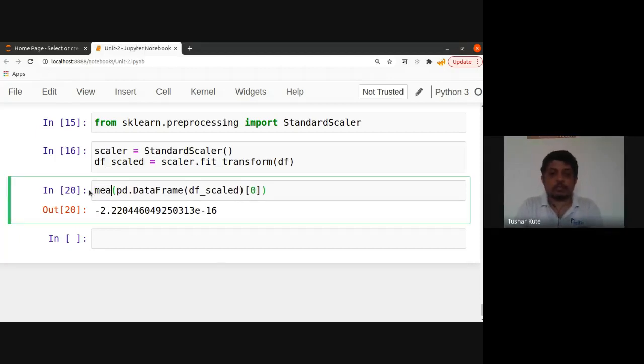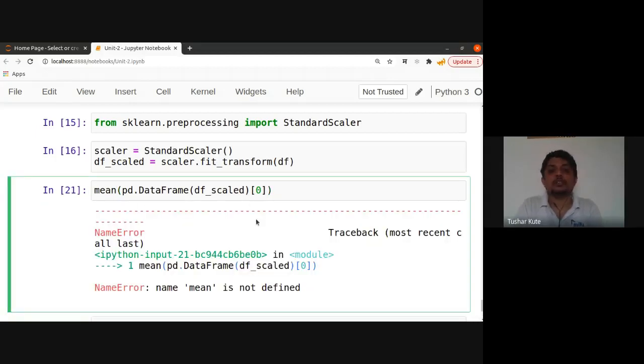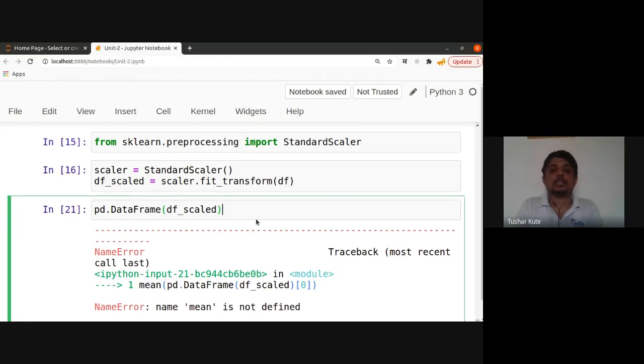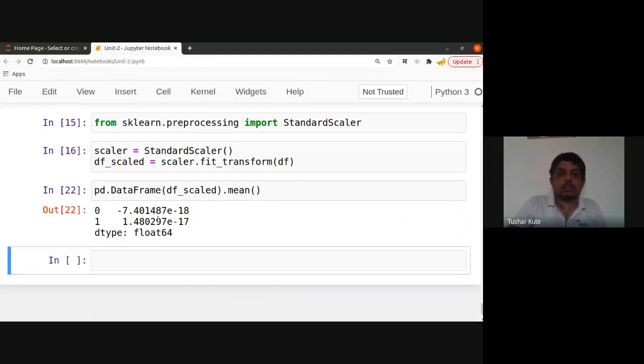And if I find the mean of this value, just a minute, we'll write the mean function here directly. See this, the mean of the first is minus 7.4 times 10 raised to minus 18, which is actually very negligible. Minus 18 means 0.000 and so on, and then 7.4, which is almost equal to 0. They are considered as the mean there.